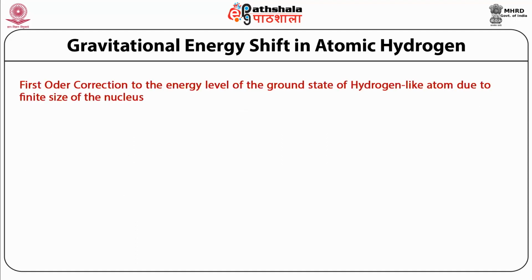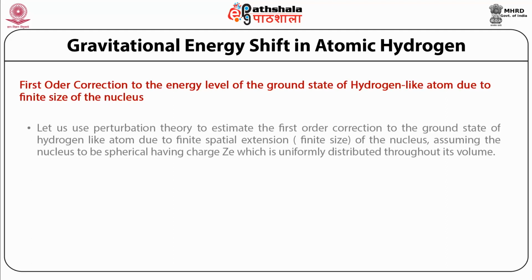First order correction to the energy level of the ground state of a hydrogen-like atom due to the finite size of the nucleus. Let us use perturbation theory to estimate the first order correction to the ground state energy of a hydrogen-like atom due to the finite spatial extension, that is, finite size of the nucleus, assuming the nucleus to be spherical, having charge Ze, which is uniformly distributed throughout its volume.